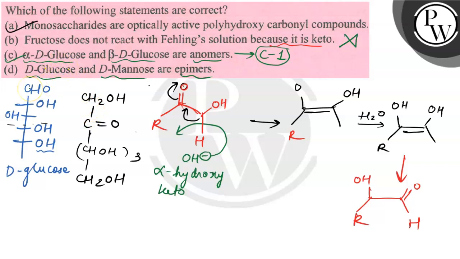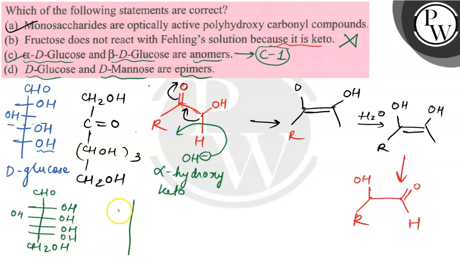Now D glucose and D-Mannose, let's draw the structure of D glucose and D-Mannose. So here the structure will be something like this. See, this is the D glucose. Here we'll be having CHO group, and 1, 2, 3, 4, and here we'll be having CH2OH group. Here we'll be having OH groups, 4 OH groups, 1, 2, 3, 4. Okay, so this is known as D glucose.